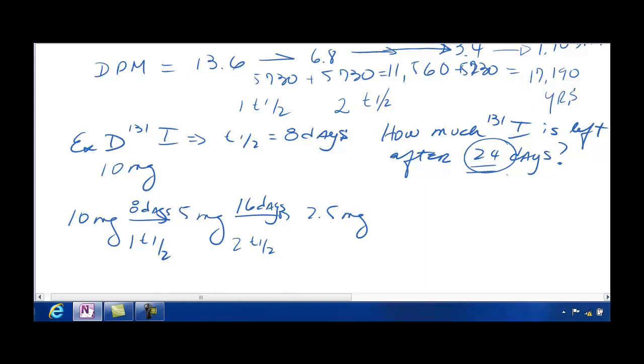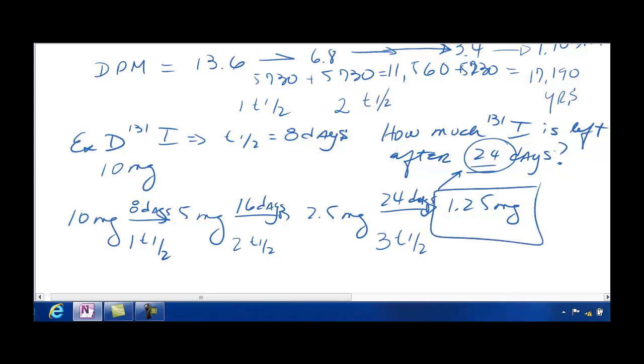No. So I cut the 2.5 milligrams in half again, and what do I get? 1.25 milligrams. How many half-lives? 3 half-lives. How many days? 24 days. Is that what they wanted? So what's my answer? 1.25 milligrams.